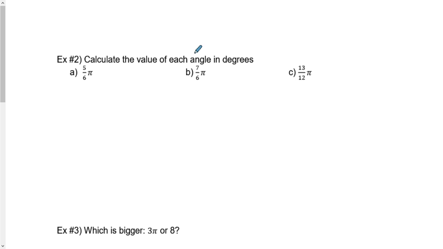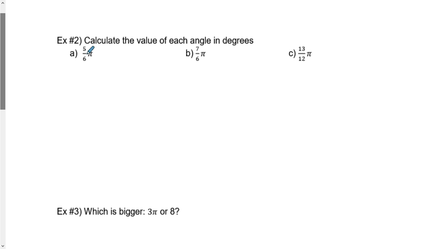We can do the exact same thing from radians into degrees. For example, 5 over 6 pi. Now, that's the exact same thing as saying 5 pi over 6. So if I set up my dimensional analysis, I'm just going to have my 180 in the numerator.